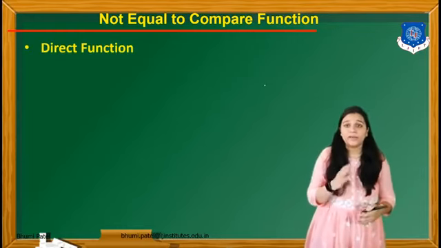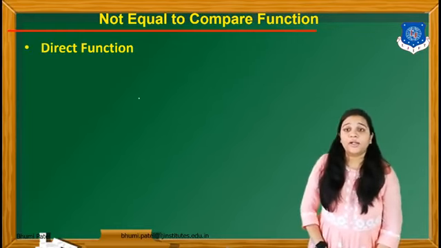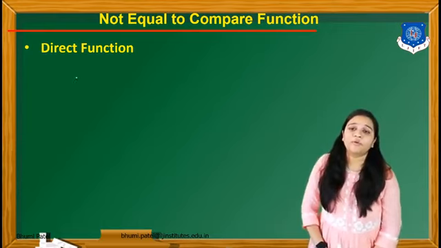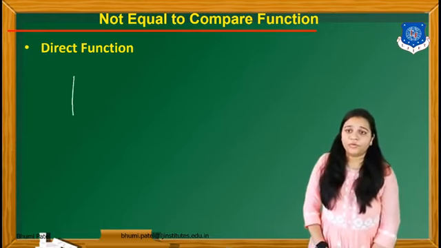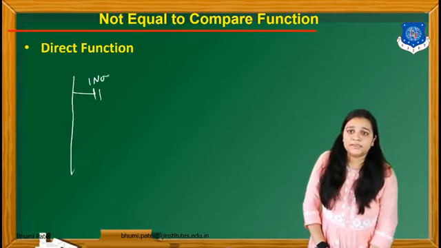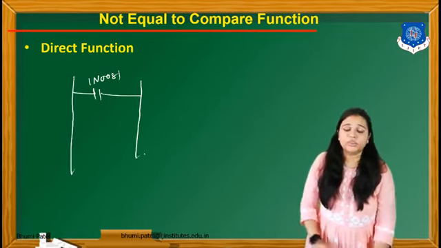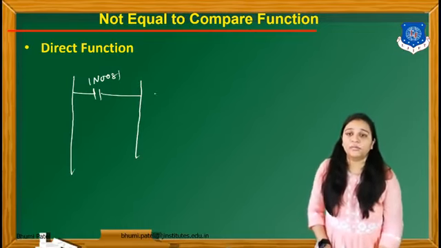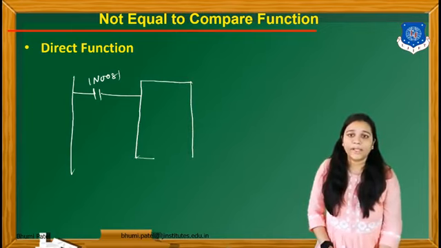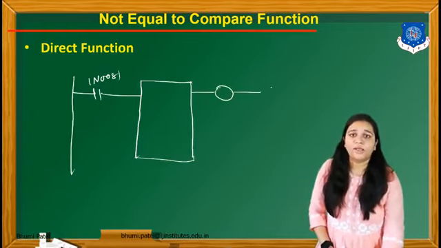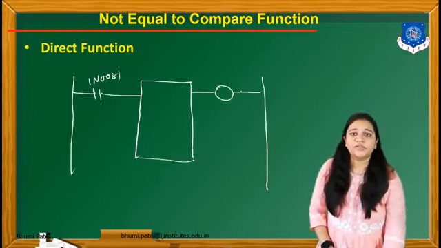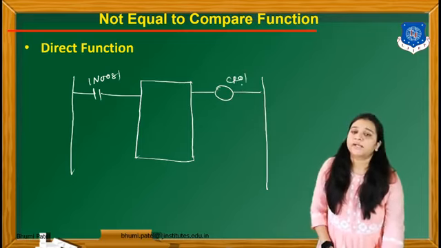We draw one input signal, suppose the name of the input is IN0081. We use a block format for the comparison function, and one output coil, suppose the output name is CR01.